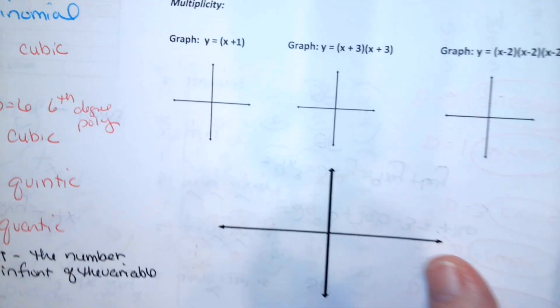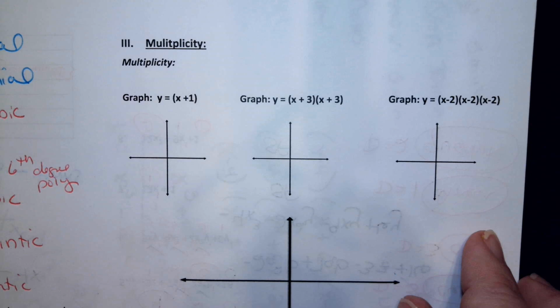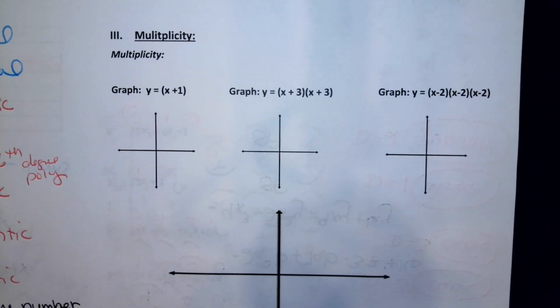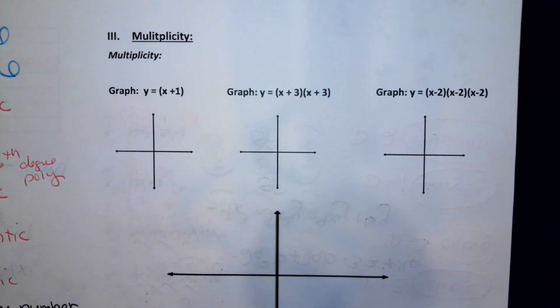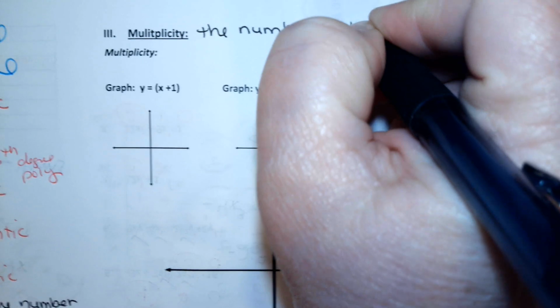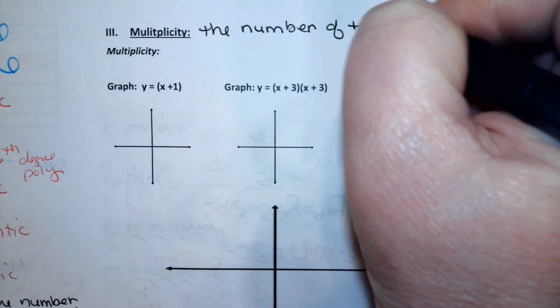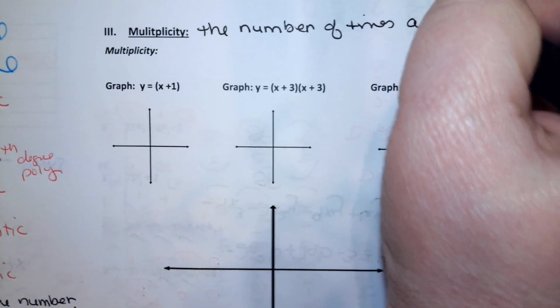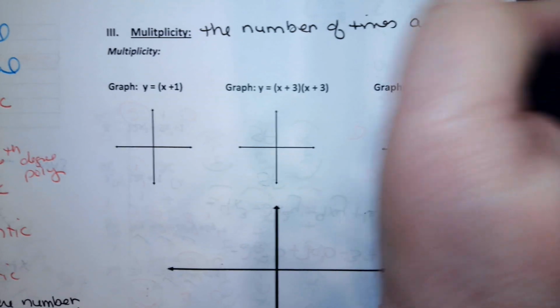The last thing that we're going to look at today is our multiplicity. Now, some of you may have heard of multiplicity, but many of you probably have not. Okay. So multiplicity is simply the number of times a distinct root appears in factored form.